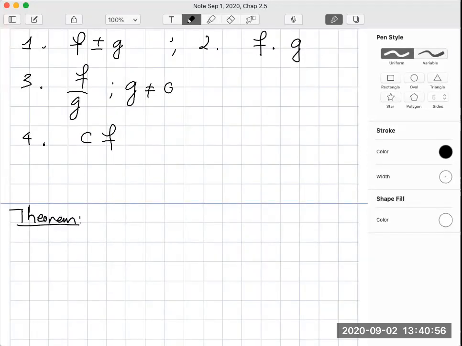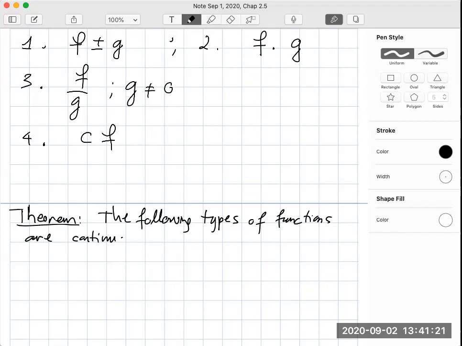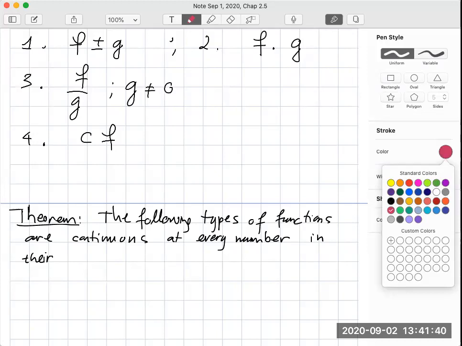Remember, the following types of function are continuous at every number in their domain. Very important things.